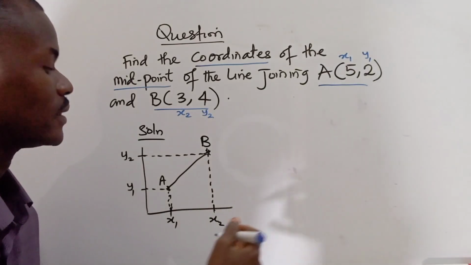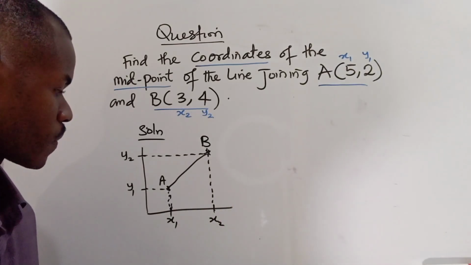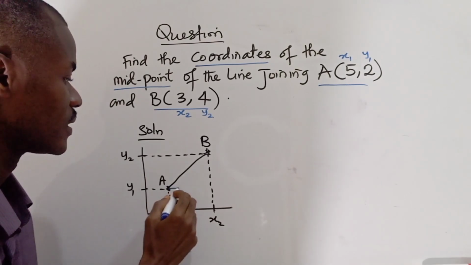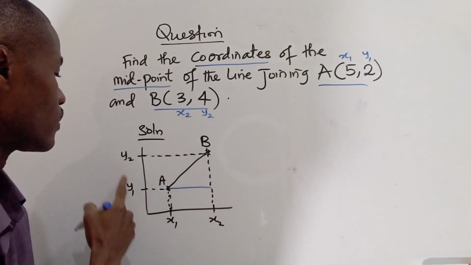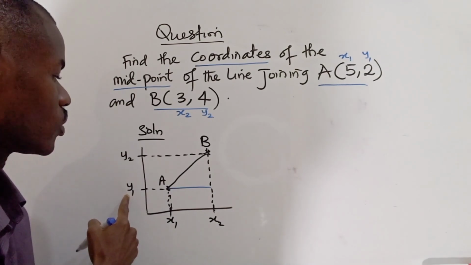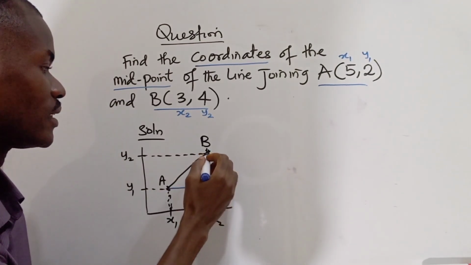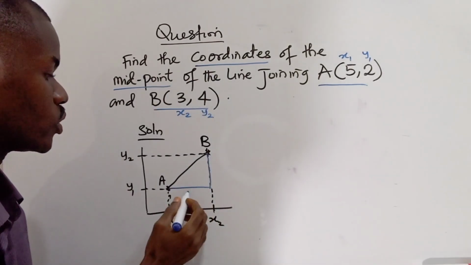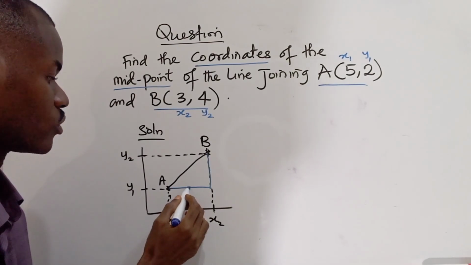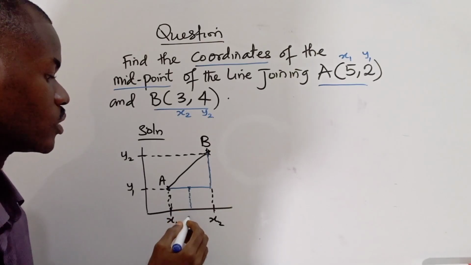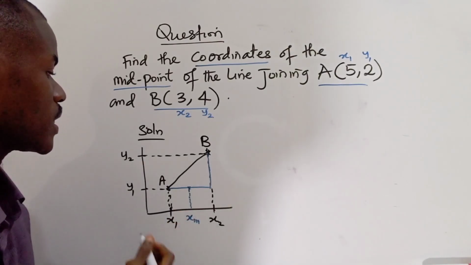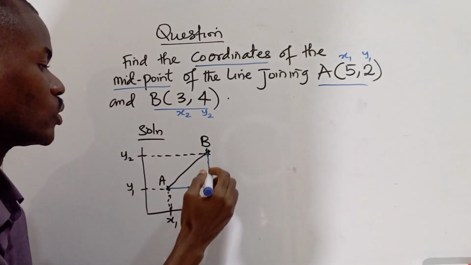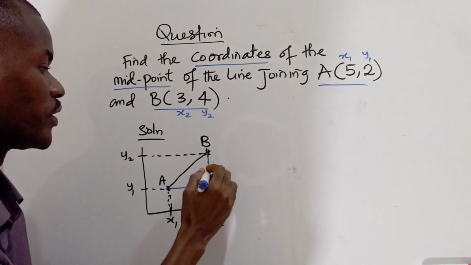I can see that from x1 to x2, this is the distance, and from y2 to y1, this is the length or distance. When we say the midpoint, we want to get somewhere here, which is the middle. We'll call that xn. Now what about the midpoint of y2 and y1? We want to get somewhere in between here.